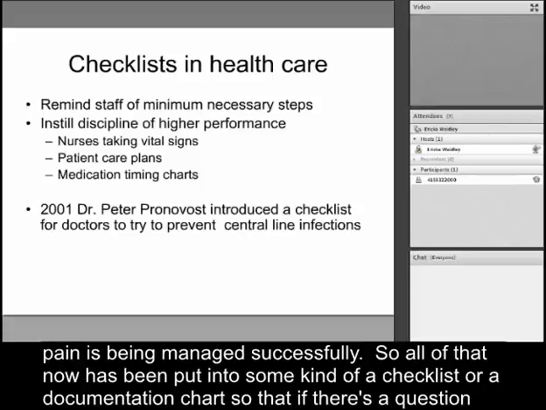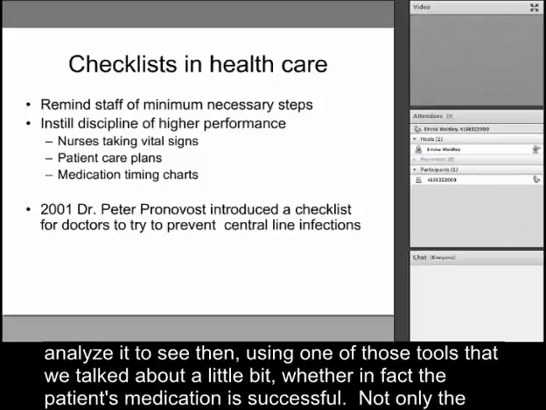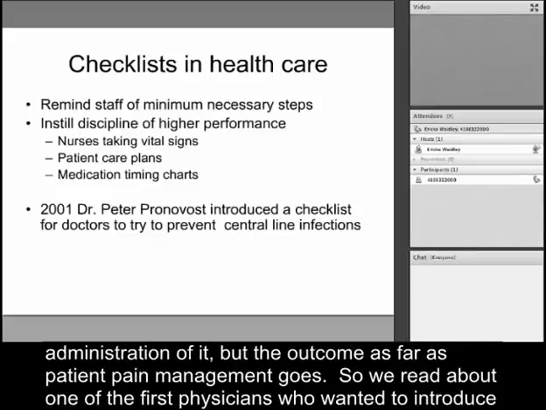So all of that now has been put into some kind of a checklist or a documentation chart, so that if there's a question about medication administration on a unit, there is data you can go back into these patients' charts to collect and analyze, using one of those tools that we talked about earlier, to see whether in fact the patient medication is successful, not only the administration of it, but the outcome as far as patient pain management goes.